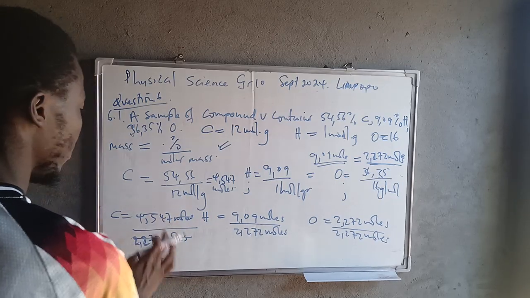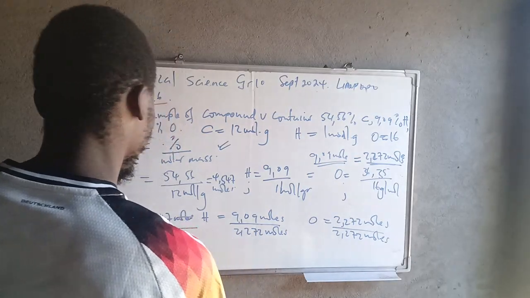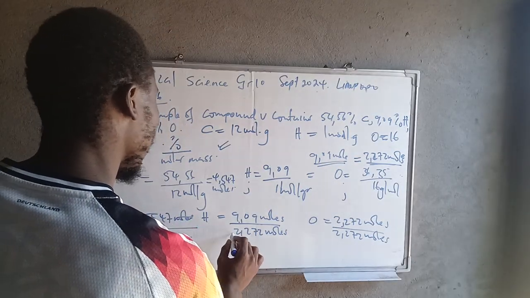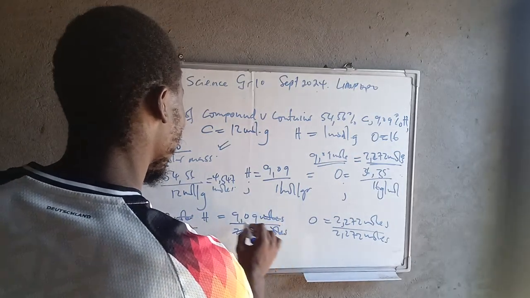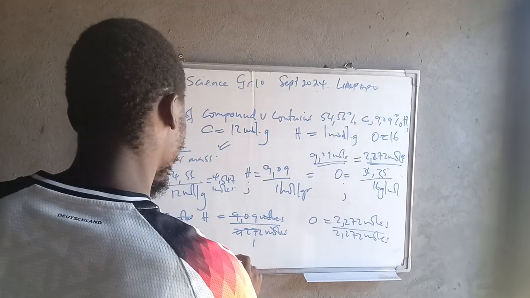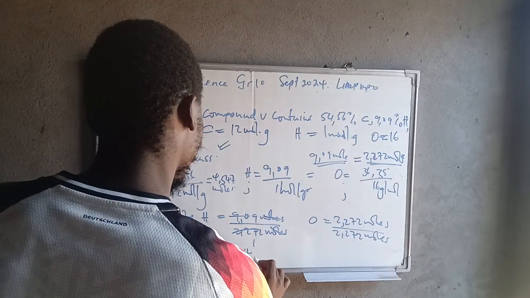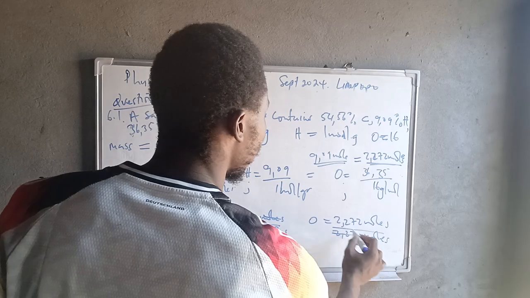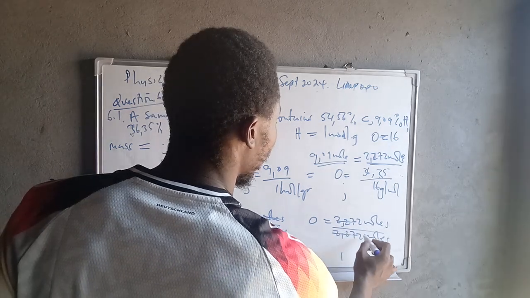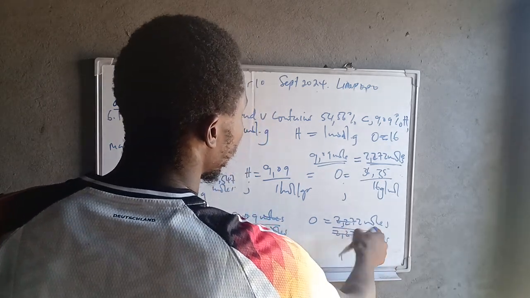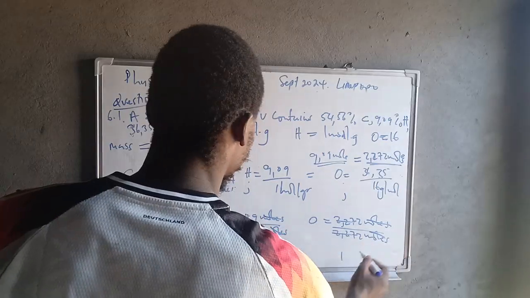For hydrogen we get 4. For oxygen we get 1, because 2.272 divided by 2.272 is 1.